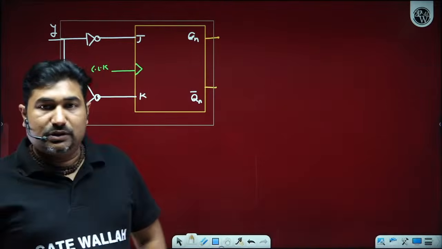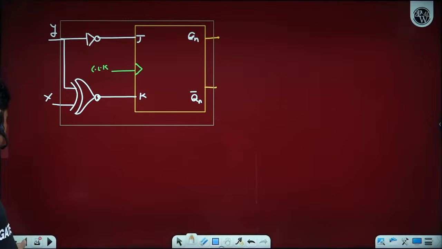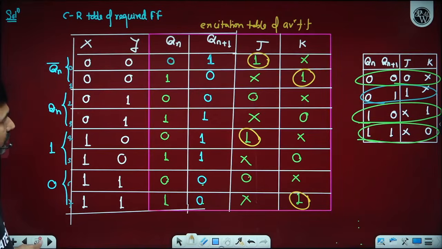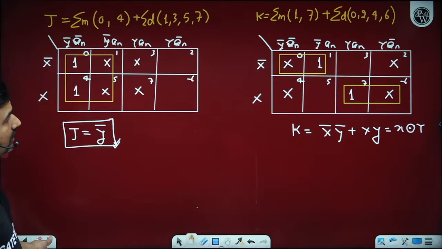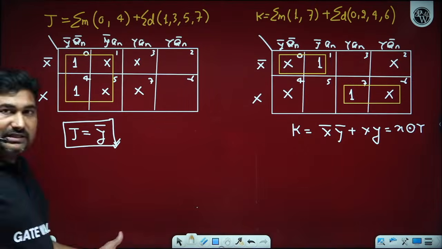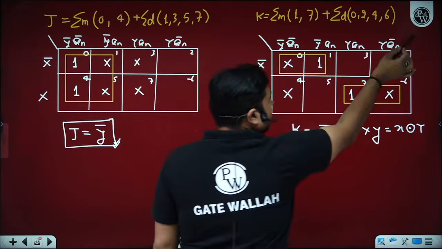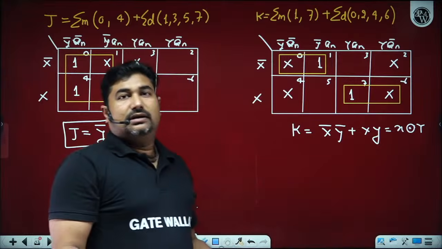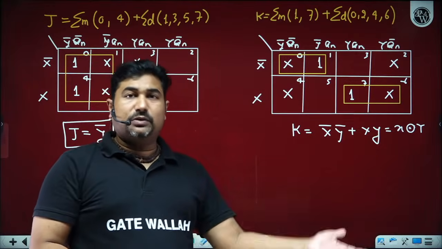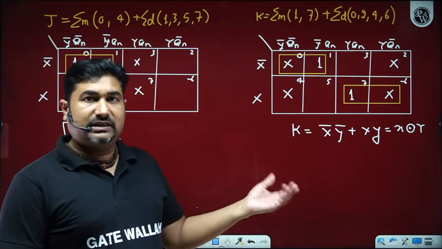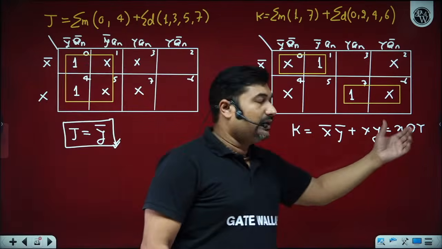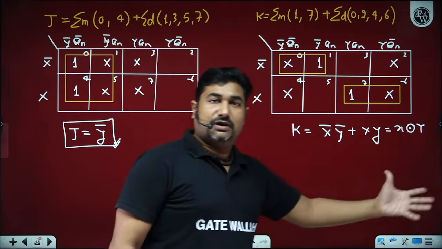Is it okay? 0, 4, 2, 6. What is that, beta ji? Beta, see, we will not take this chord. Why? Because all are don't care. Don't care gives us support to get the minimized expression. If we take the chord, then it will increase by one more expression. It increases the number of logic gates.